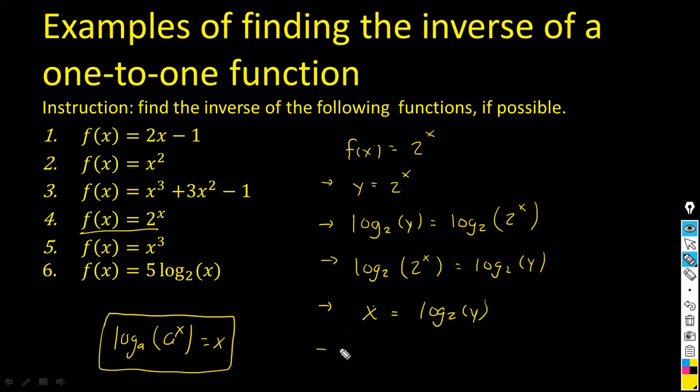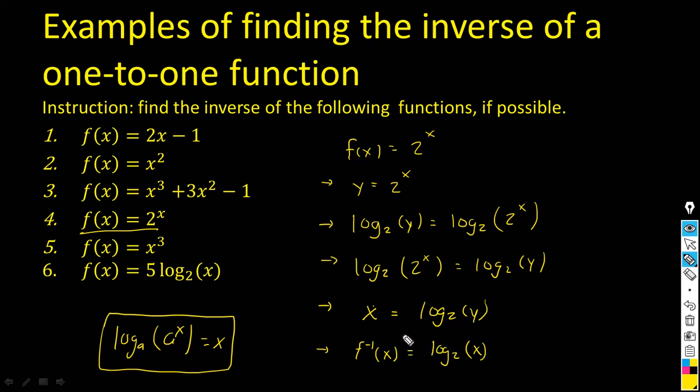And again, next what you do is this: you change the x for f inverse of x equals log base 2, and you change the y for x. I'm not explaining why this is happening, okay? I don't have much time, but if you are curious about that, either look it up or ask me.